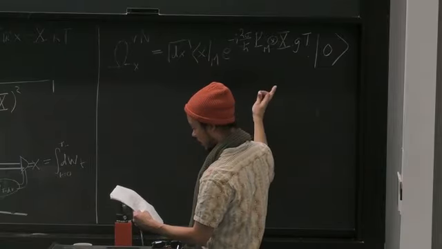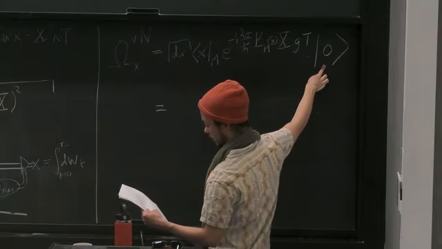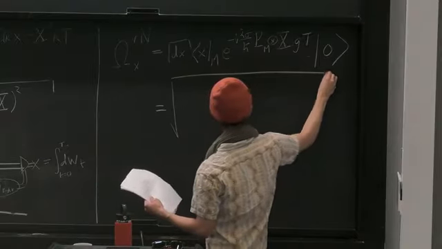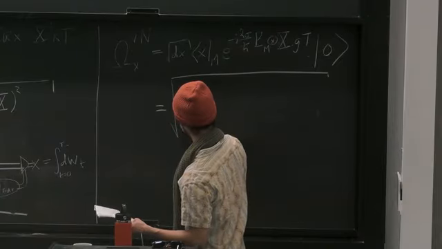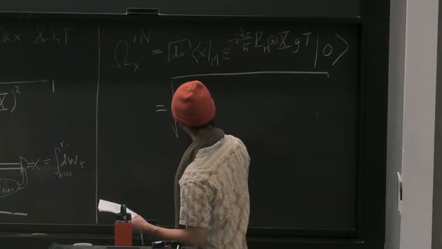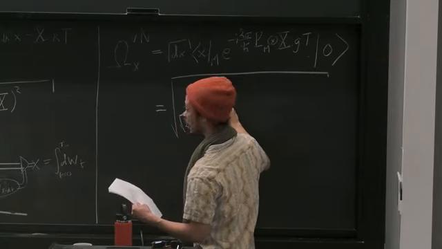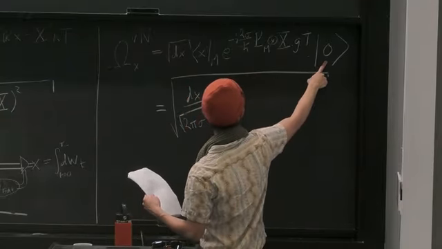Okay, so if this is a Gaussian, then this is just dx over root 2 pi sigma squared. So you said, what is it Gaussian? The meter state, yeah.